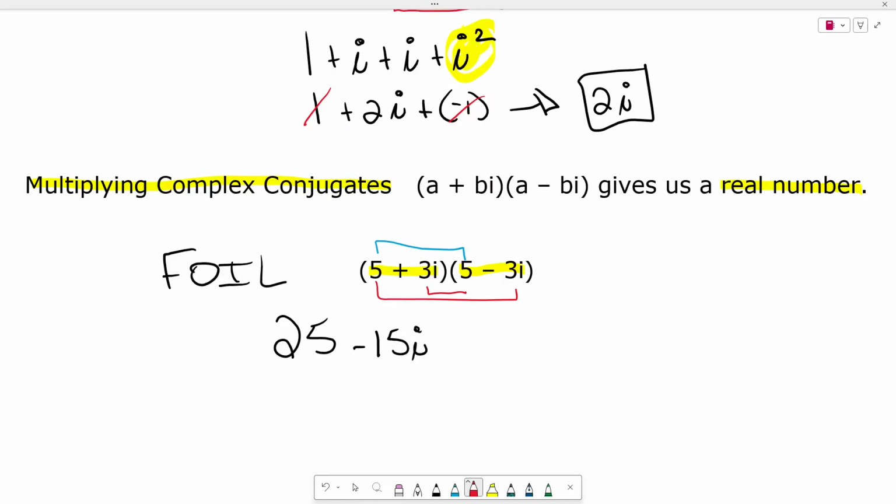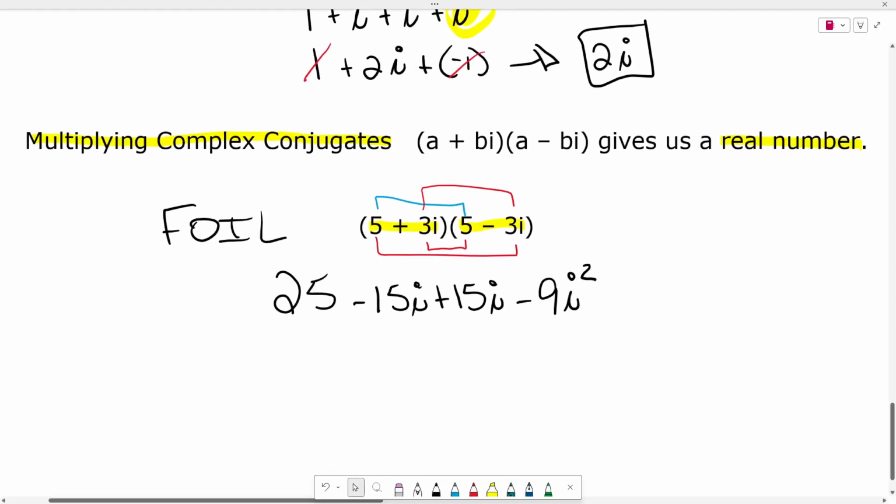Multiplying the insides, 3i times 5 is a plus 15i. And then after that, multiply the last. 3i times negative 3i is a negative 9i squared.